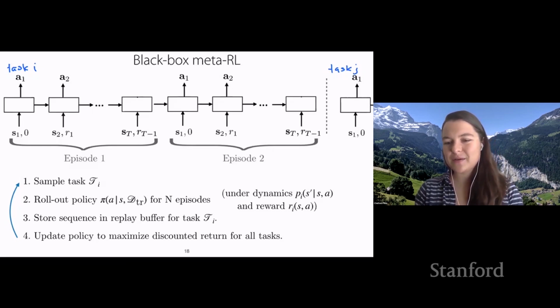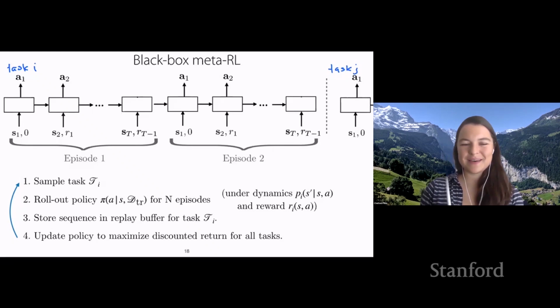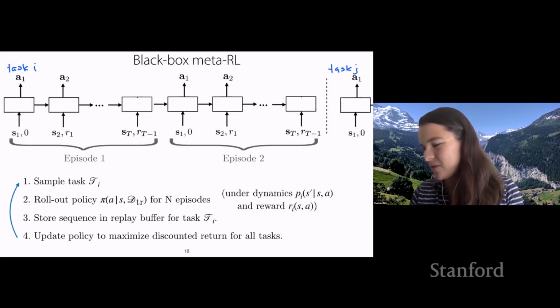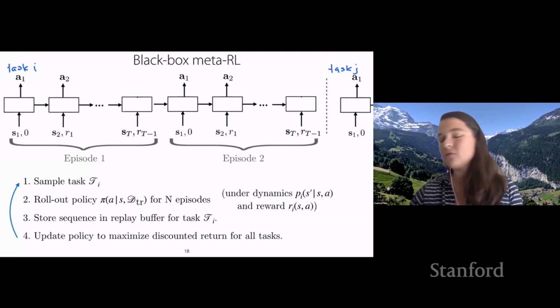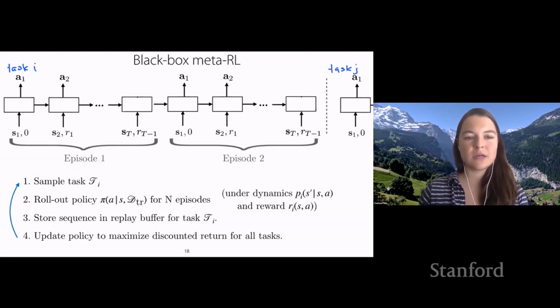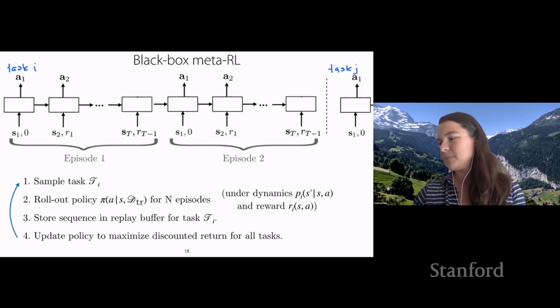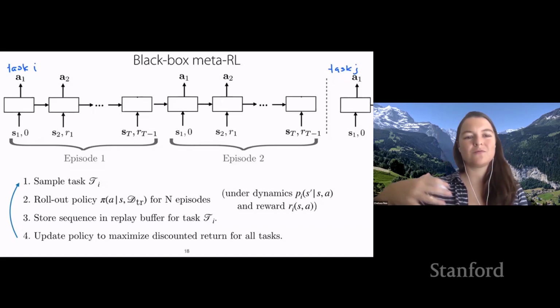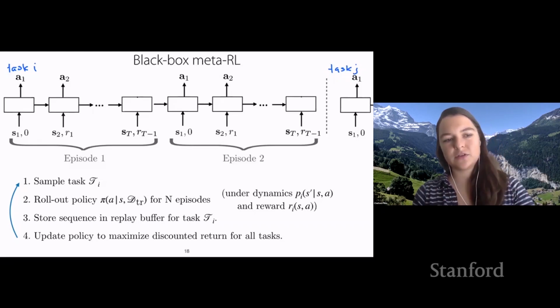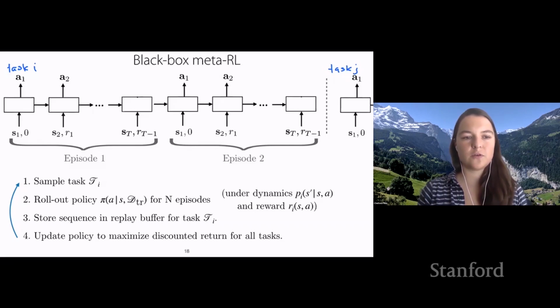Good question. Someone's asking, what does a rollout mean? This is actually a term that I didn't quite understand when I was learning things. By rollout, I just mean a trajectory. It's a way to say that you are rolling out the policy, incrementally selecting actions from the policy, executing that action in the environment, and so forth.